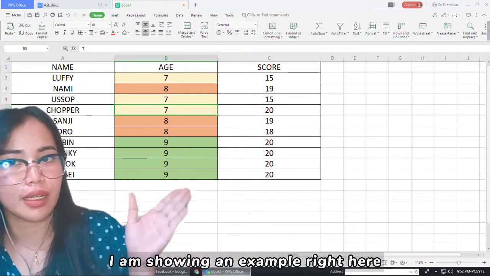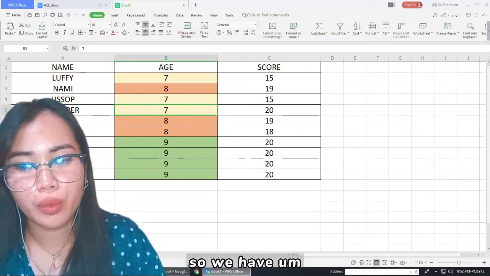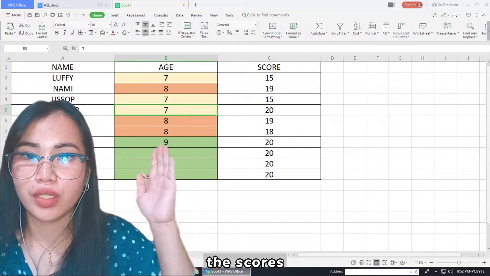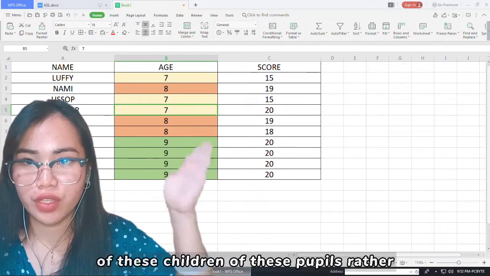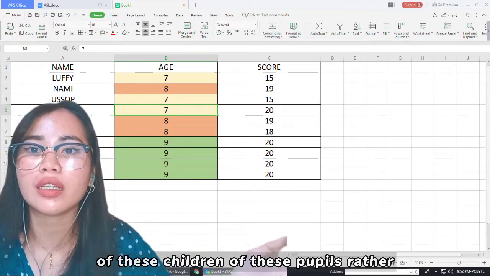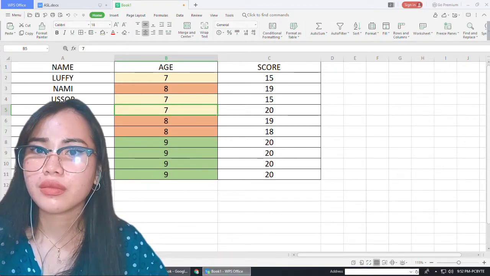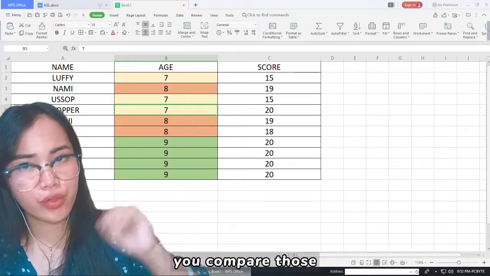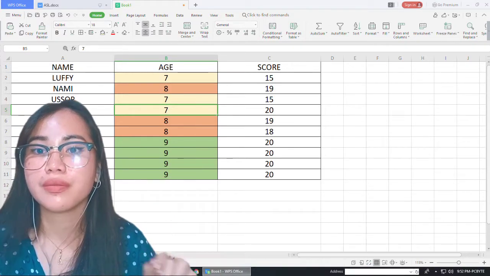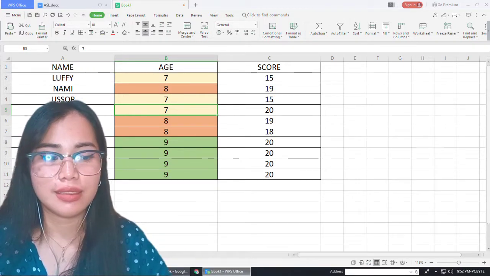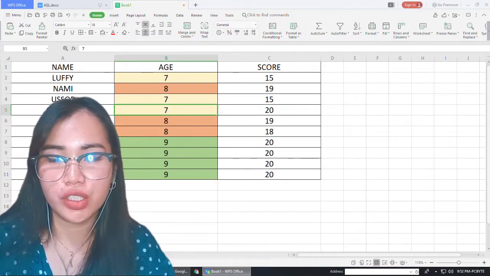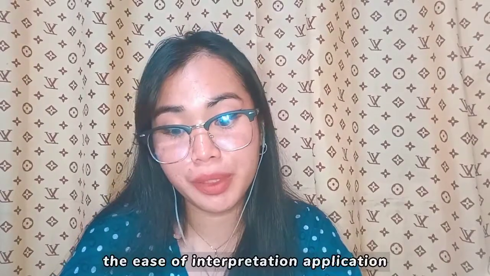So for example, I am showing an example right here. We have the scores of these pupils and their age bracket. Now, you compare those, you write their scores, and then tally, then get the average, get the percentage of scores. Then after that, you will have the ease of interpretation and application.